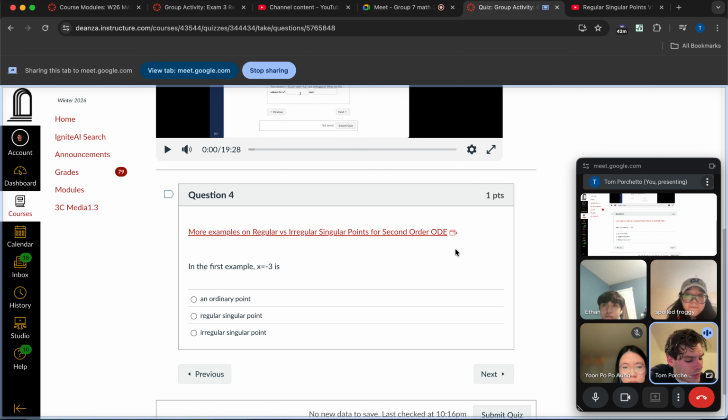That's the first check, and the second check is when I apply the limit as x approaches minus 3 of (x plus 3) squared times q(x). Applying both limits, I get a number, so I end up having that x equals minus 3 is a regular singular point.